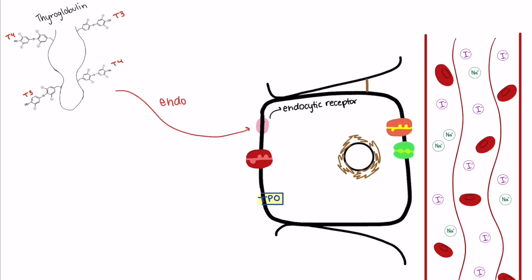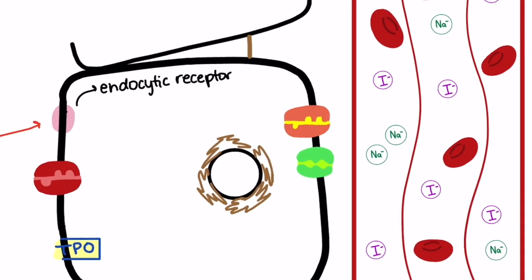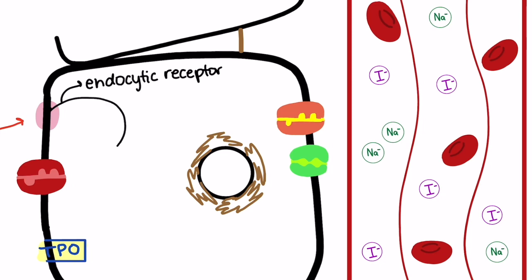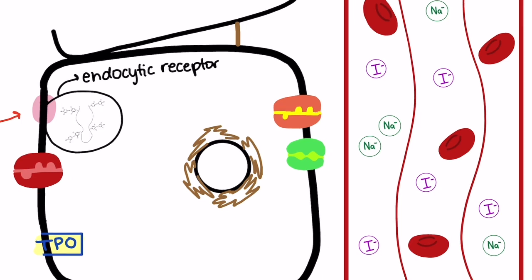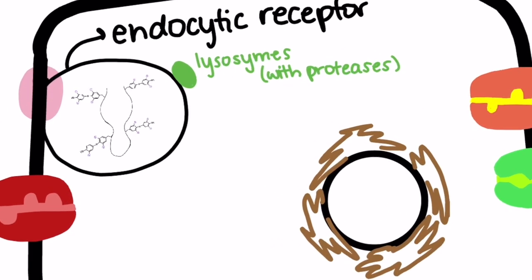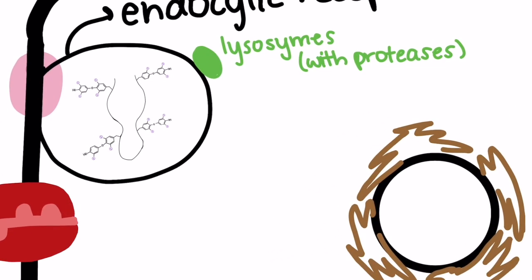Via the endocytic receptor located in the apical membrane of follicular cells, the iodinated and conjugated thyroglobulin enters the cells via endocytosis. Lysosomes containing proteases fuse to the thyroglobulin containing vesicles.